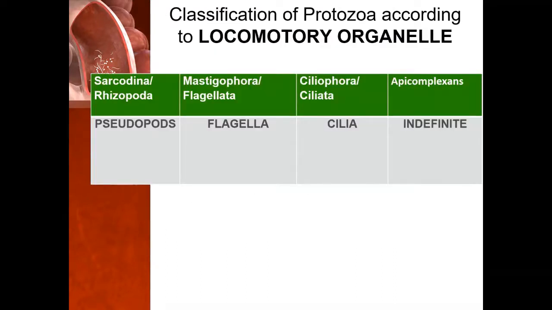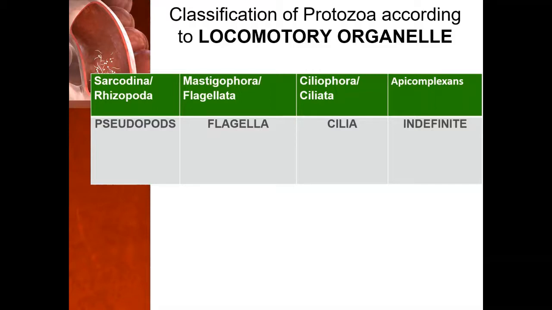We can classify our protozoans according to their locomotory organelle. So we have four different classes and subphylum for the protozoans. The first one is the Sarcodina or the Rhizopoda, and the locomotory organelle present on the ectoplasm of those protozoan parasites is what we call the pseudopods.